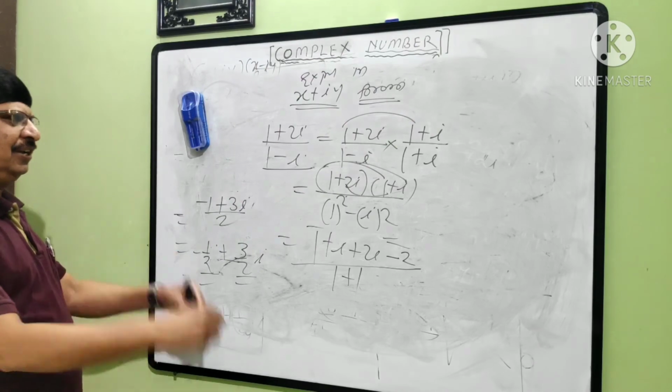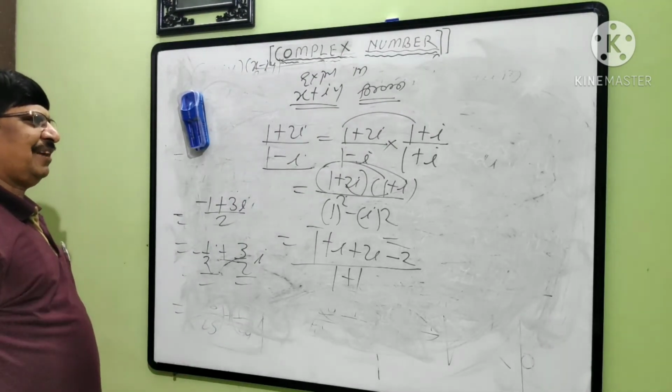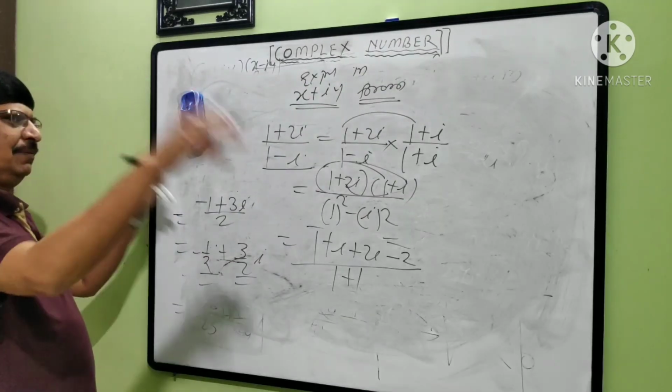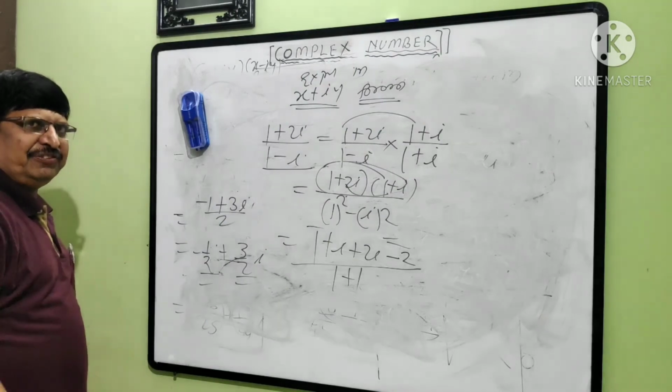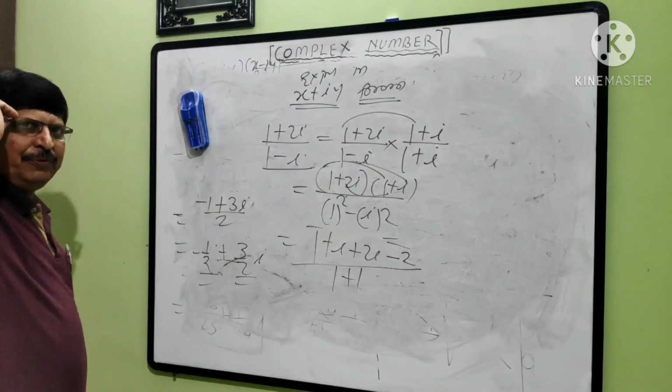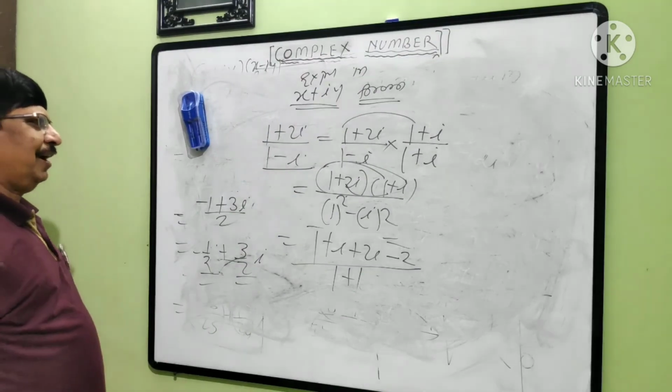Okay, in this way you can write any complex number in the form of x plus iy, whether there is a multiplication or addition or subtraction or division. After simplification we can bring any complex number into the x plus iy form.